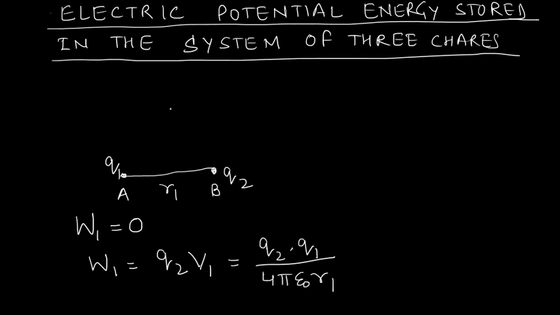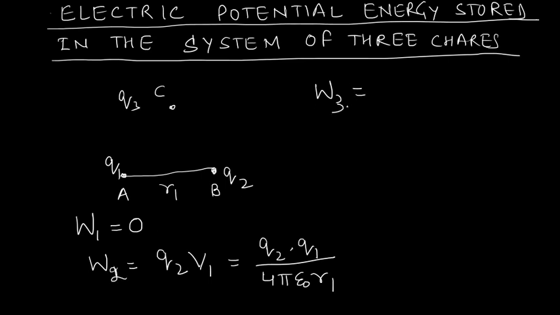Now we take a third point C where we have to bring a charge Q3 from infinity to that point. So what will be the work done in bringing this charge?